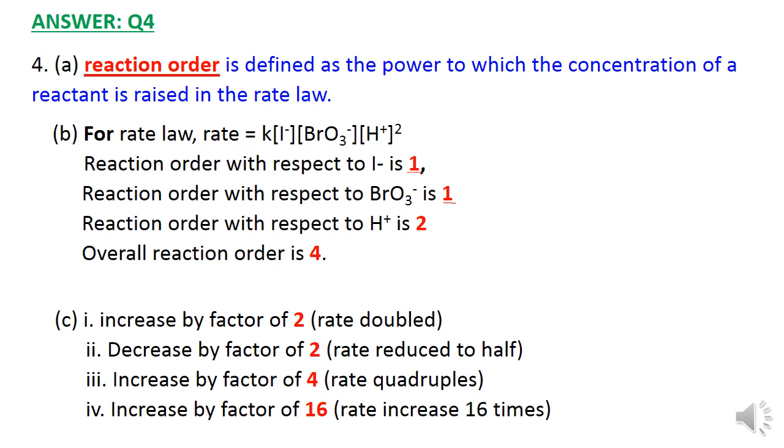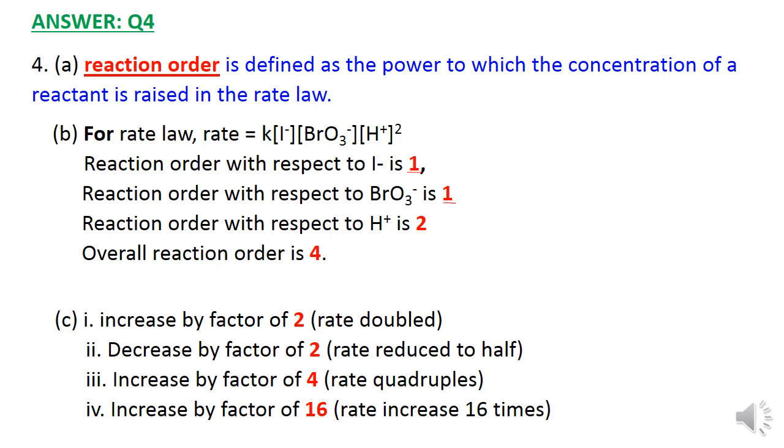For 2, when the concentration of bromate is halved, the rate will decrease by a factor of 2, or the rate will be reduced to half, because the order with respect to bromate is 1. For 3, when the concentration of H plus is doubled, the rate will increase by a factor of 4 because the order with respect to H plus is 2, meaning the rate will quadruple.